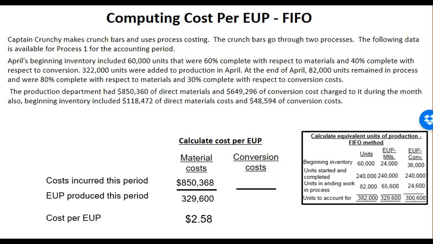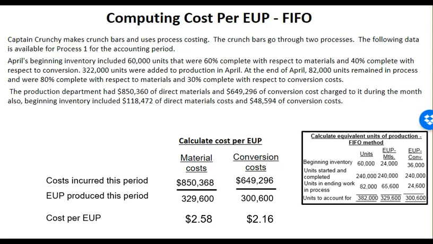Now I've got to do the same process for the conversion cost, and my total cost incurred during the month was $649,296, so I insert that there. The EUP produced during the period for conversion cost happened to be 300,600, so I insert that as the divisor. And in this case, my cost per EUP will come out to $2.16 for conversion costs.